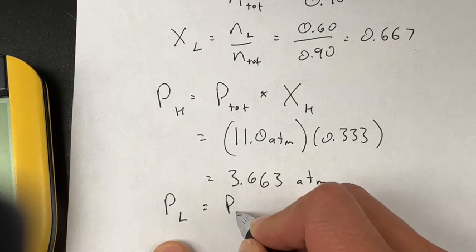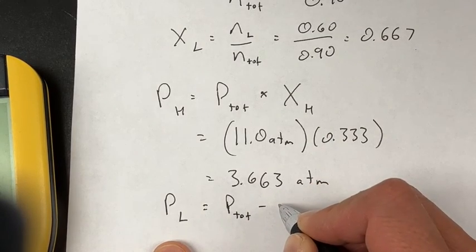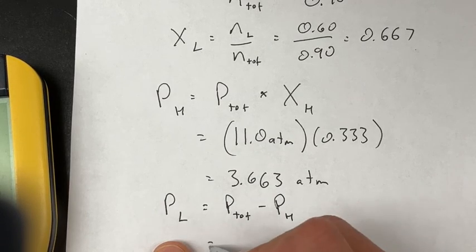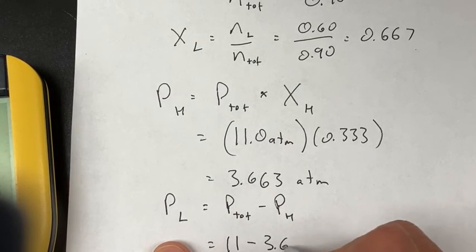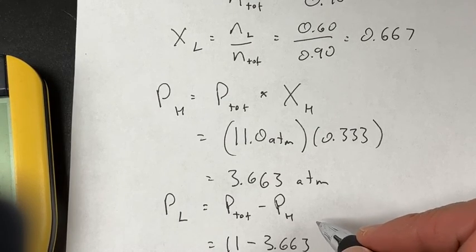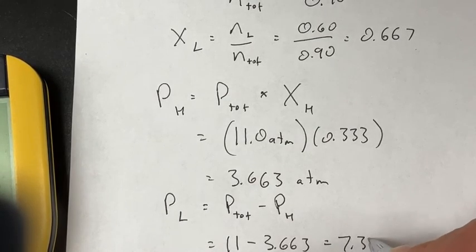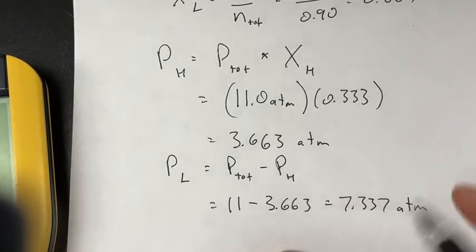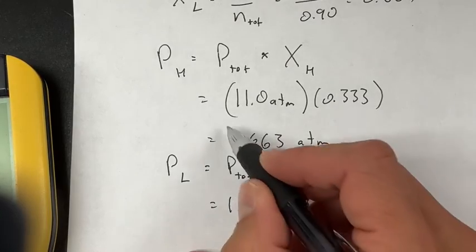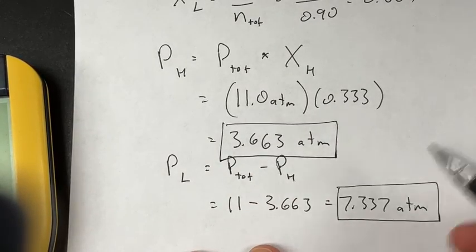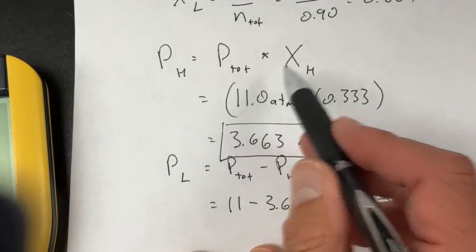It's my total pressure minus the partial pressure of H, so 11 minus 3.663, which equals 7.337 atmospheres. That's one way of doing it. Now I have this number and this number, and they have to add up to the total.